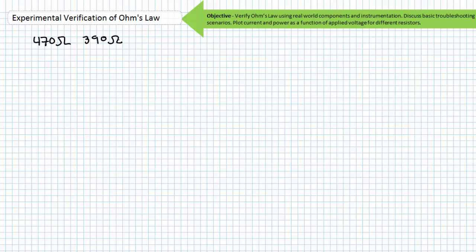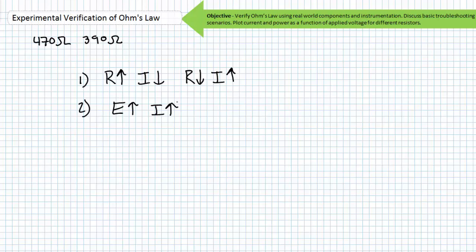Number one, given that the resistors aren't equal, the larger resistor should have less current, and the smaller resistor more current for the same operating voltage. 2. Additionally, we should expect for each resistor, if we increase the voltage, current should also increase. Long story short, both resistors should demonstrate linearity, where every increase in voltage shows an increase in current by the same proportionate amount.